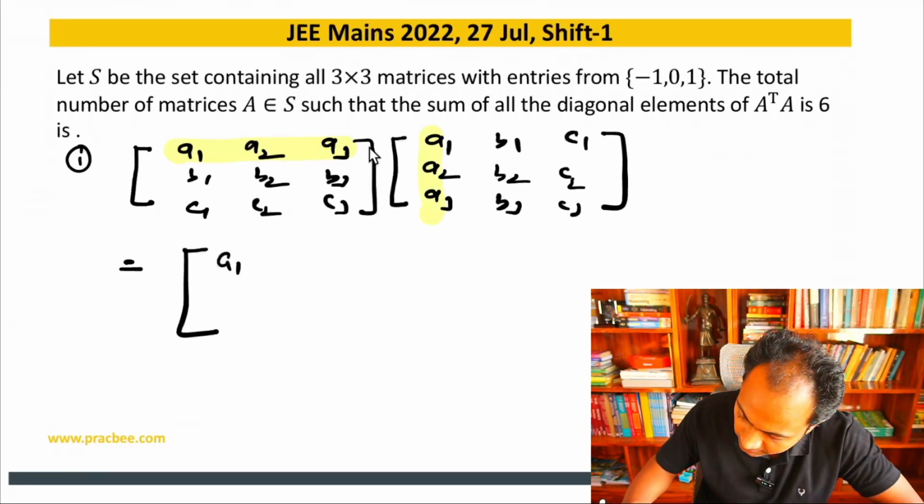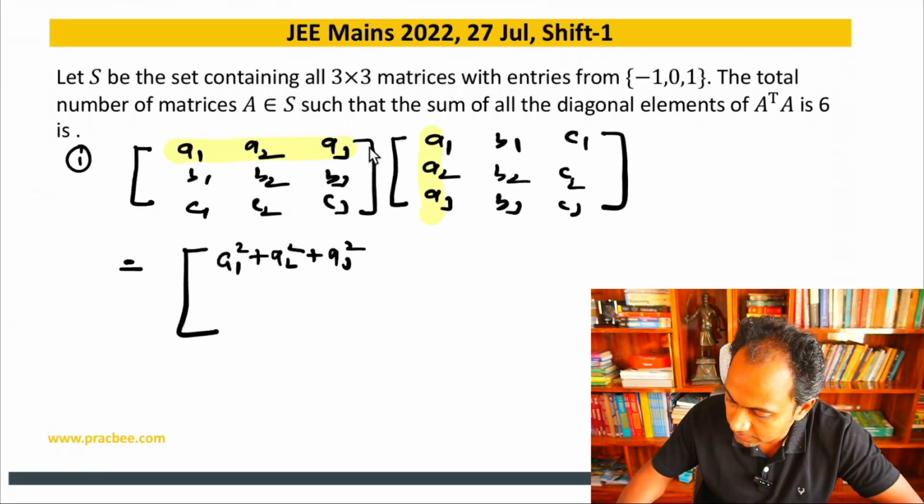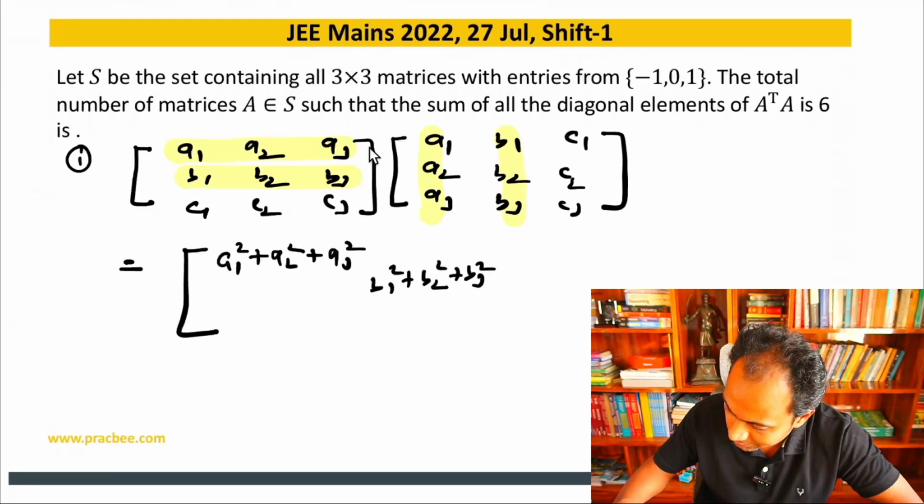and this will in turn generate A1 square plus A2 square plus A3 square. For getting the next element, the middle element, we'll take the second row and multiply it with the second column. So the middle element will come as B1 square plus B2 square plus B3 square. Similarly, the last diagonal element comes as C1 square plus C2 square plus C3 square.